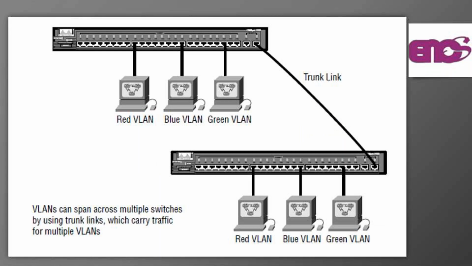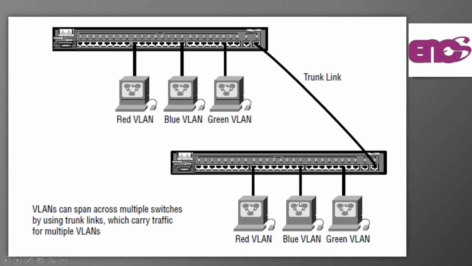So this is a diagram that explains it. If you look here, you will find two switches, maybe on different parts of the same building or in different locations. You can have one port configured as red VLAN, another port configured as blue VLAN, another port configured as green VLAN. Each of them is an access port here because they are only connected to one VLAN.